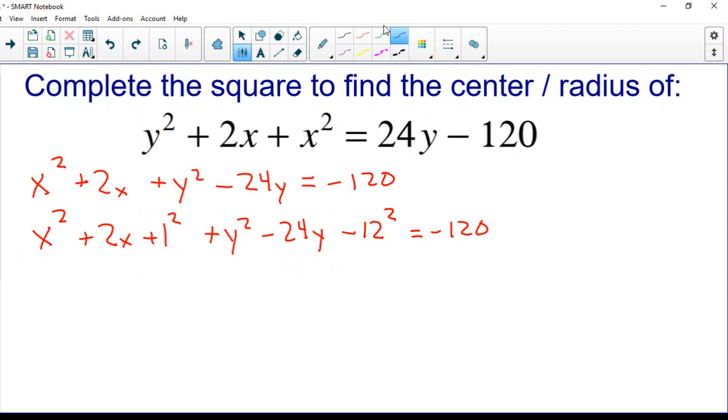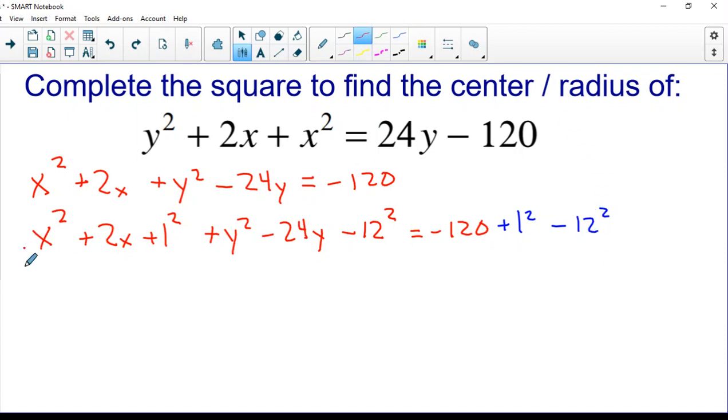I have to keep my equation balanced, or else it's going to give me a false answer. So here I added 1 squared, here I added negative 12 squared. I have to do the same thing to this side of the equation also, so I'm going to do plus 1 squared and minus 12 squared also on this side, just to keep it balanced.